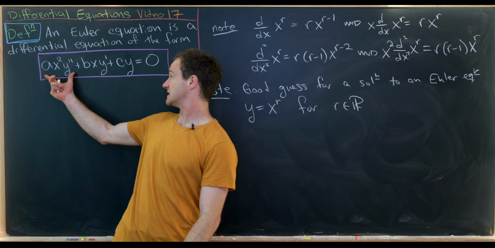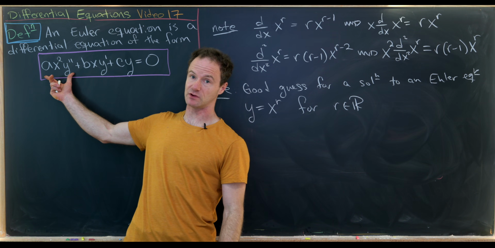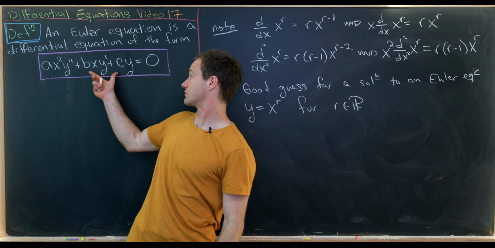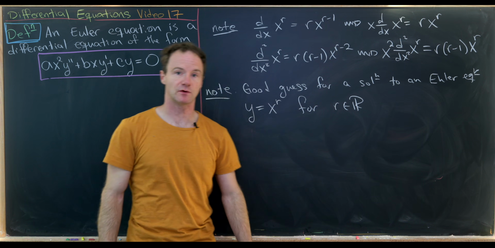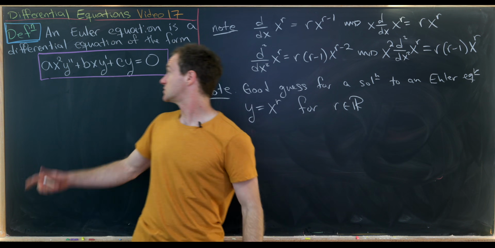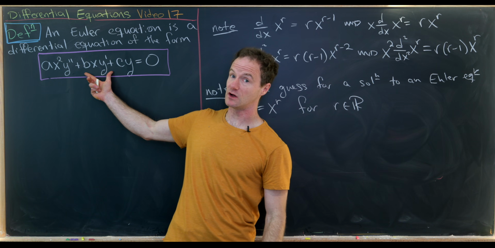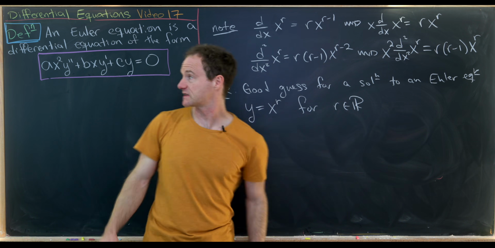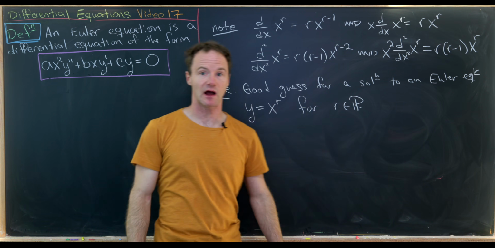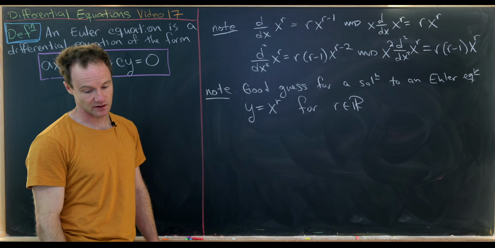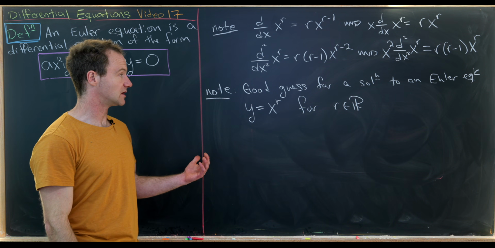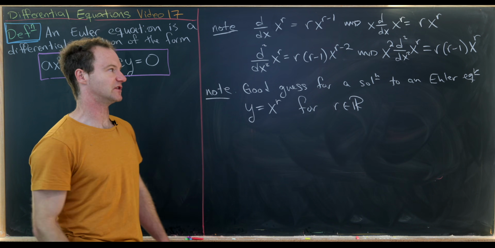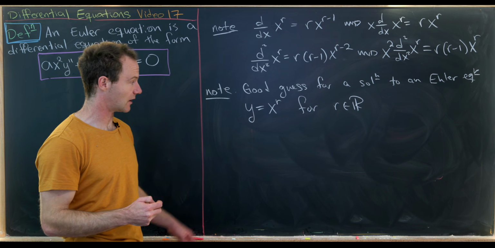So that means this object over here will be a multiple of x to the r. Likewise, our first derivative only occurs with a multiplication by x. So that means this term right here will also be a multiple of x to the r. But then if we start with y equals x to the r, that means the c times y will also be a multiple of x to the r. So putting this all together, we'll just end up with a multiple of x to the r over on the left-hand side of the equation, and perhaps that will help us out.